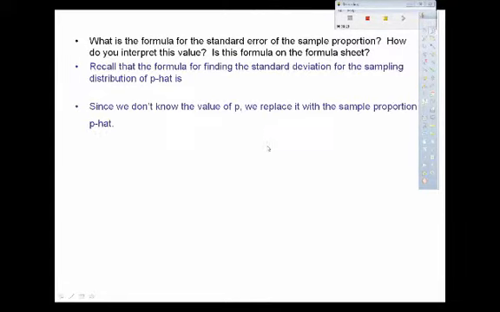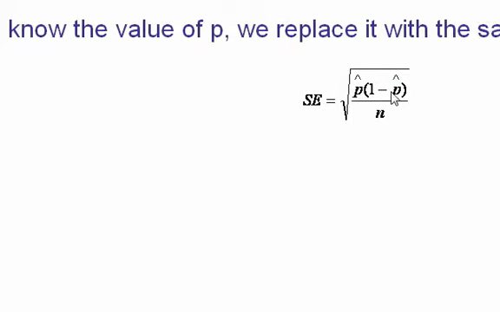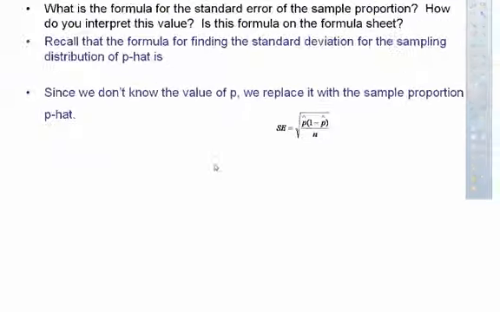Since we don't know the value of p, we replace it with the sample proportion p hat. So the standard error is the square root of p hat times 1 minus p hat over n. Same thing, only we replace the p with p hat. All right, so let's move on.